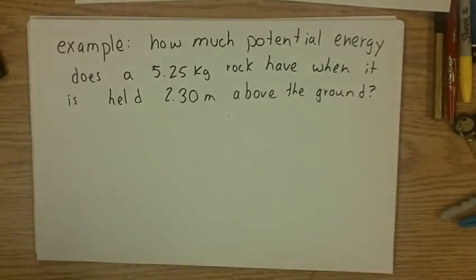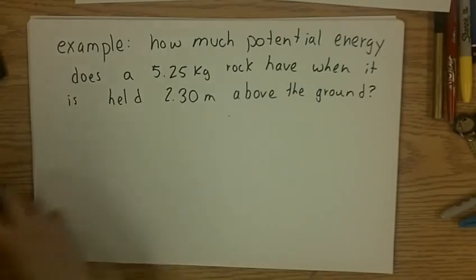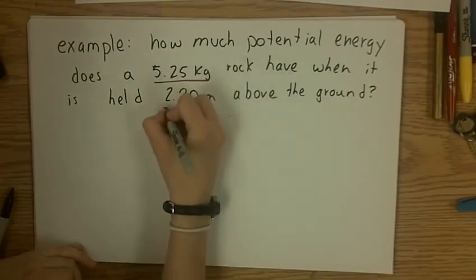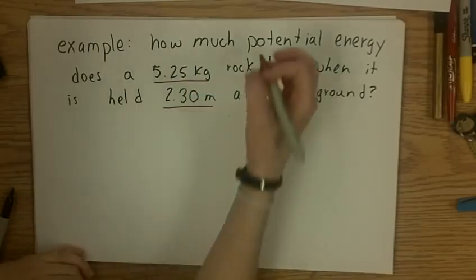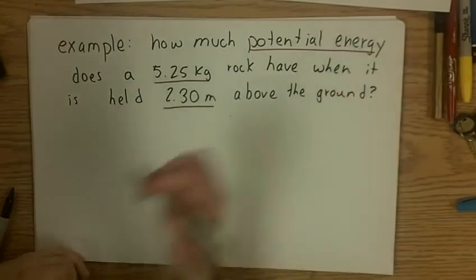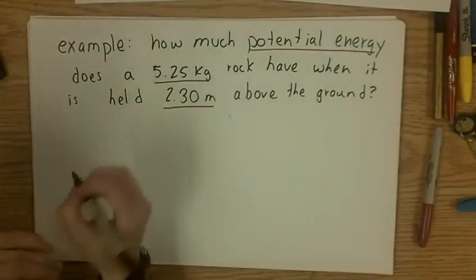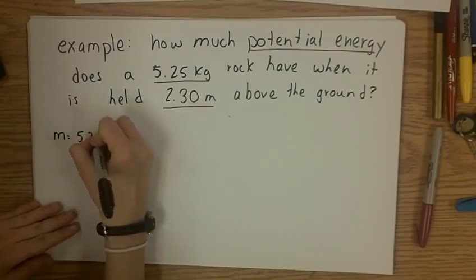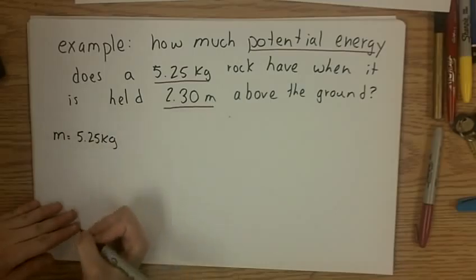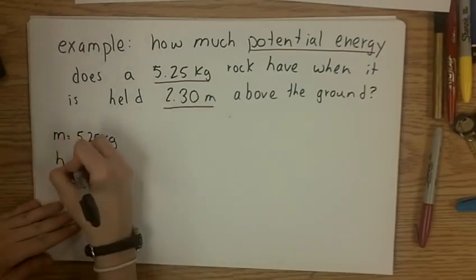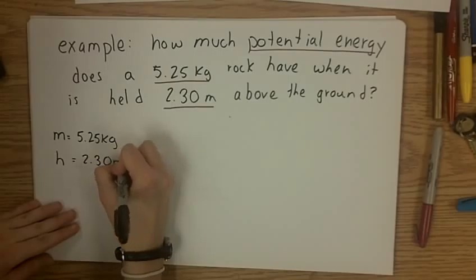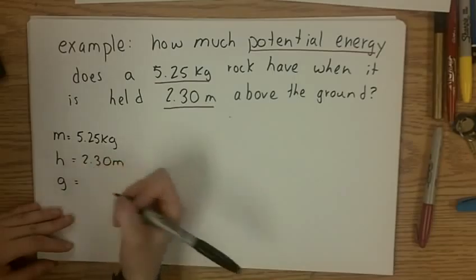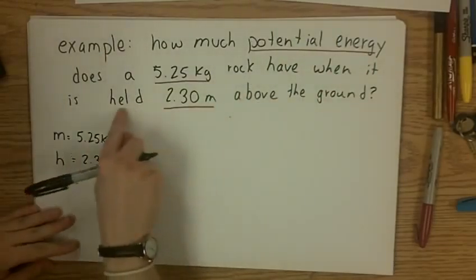Just like in kinetic energy, to solve word problems, we follow the LERS method. We start by finding all the numbers in the question, and we find the thing that's being looked for, and then we list. The list step has M is 5.25 kilograms, H is 2.30 meters. And G we always know, so you can always assume that you know G, even if it's not told to you in the question.